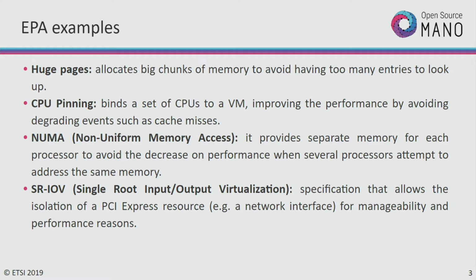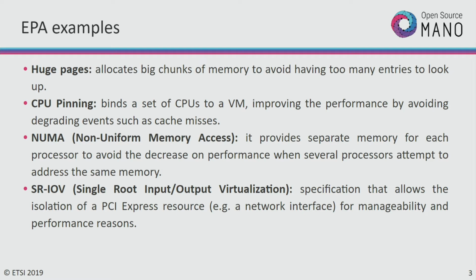Also, we have CPU pinning that binds a subset of CPUs or cores to a VM. In the general case, it pins the CPUs to a process or to a thread. So in this case, the VM is using a specific CPU of the server. It's not sharing with other VMs.